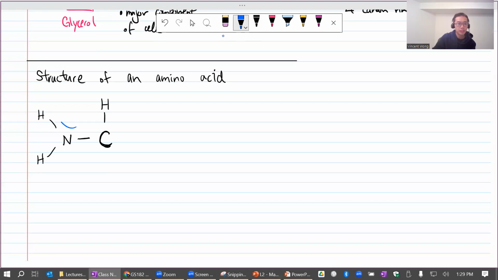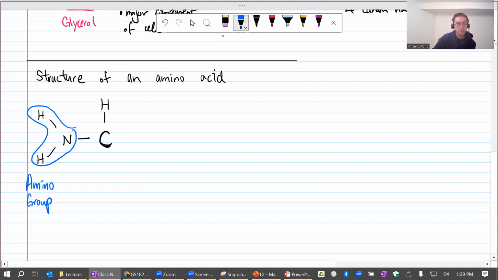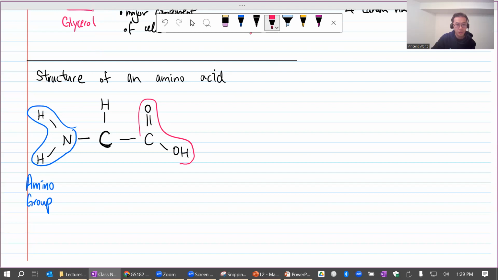And this part here is called an amino group. And again, you will learn all these in greater detail next semester in chemistry. On the other side, it will be connected to a COOH. Okay, we say COOH. This here is called our carboxyl group.